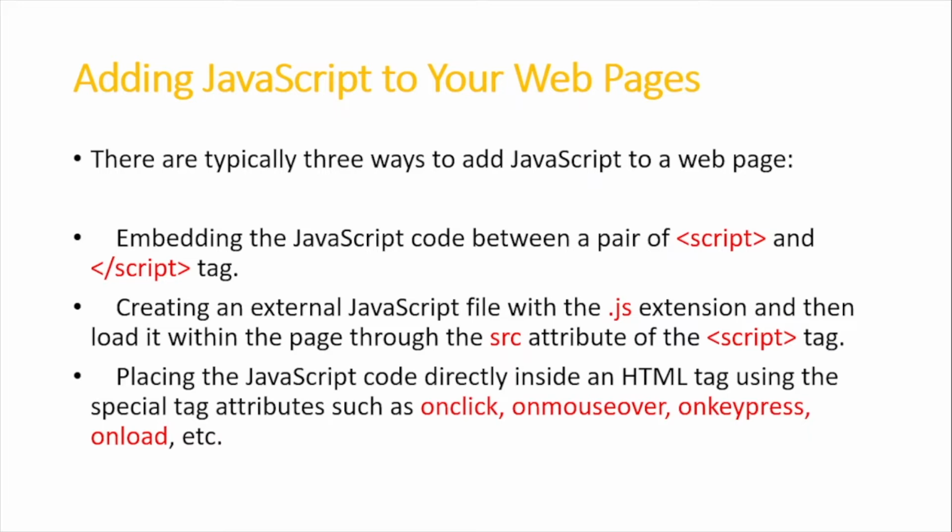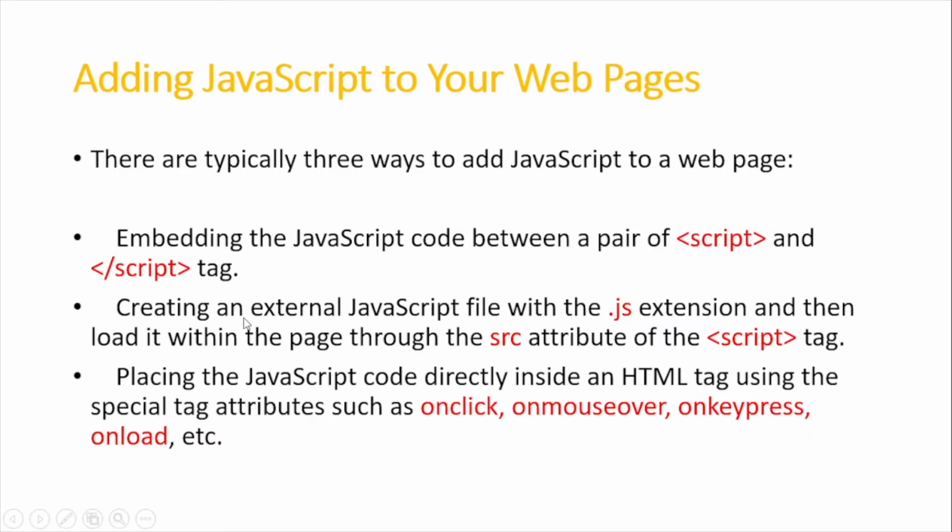So actually there are three ways to add JavaScript into your web page. First of all, you can do that by using this script tag which you are seeing here. This tag is an HTML tag which allows us to add the JavaScript code in our HTML page. So by using this tag, we'll be doing this stuff.